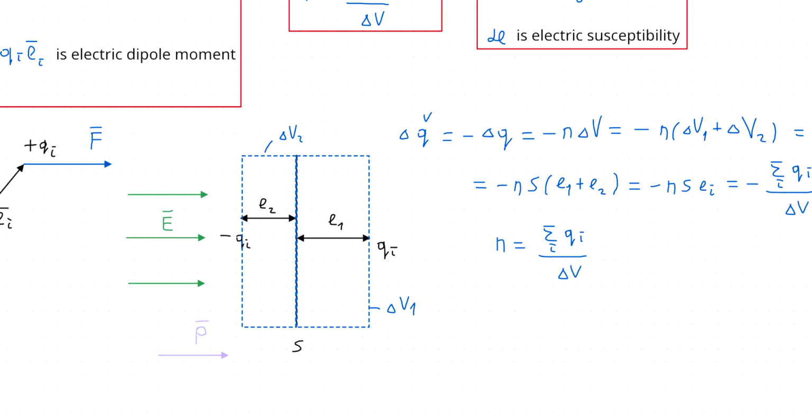And we may define the orientation of surface S by vector dS.